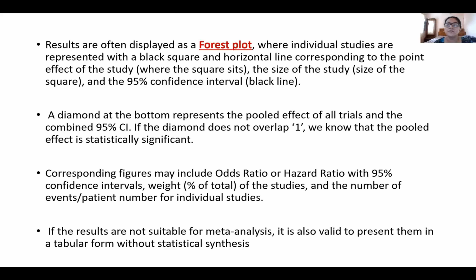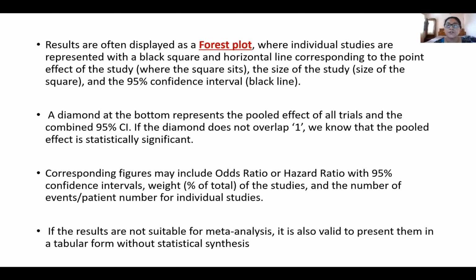The results of a systematic review are often displayed in the form of a forest plot. The individual studies in the forest plot are represented with a black square and a horizontal line. The horizontal line corresponds to the effect of the study. The size of the study is indicated by the size of the square, and the 95% confidence interval is shown by the black line extending on either side of the square.